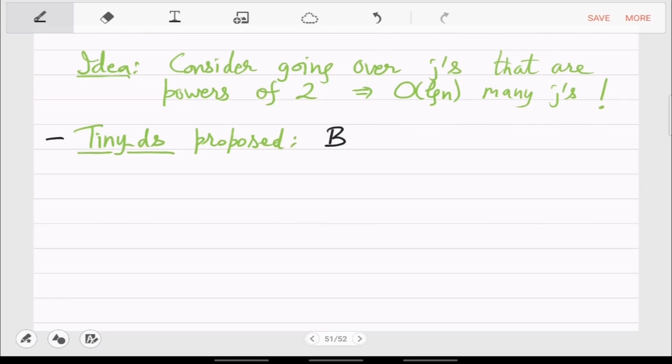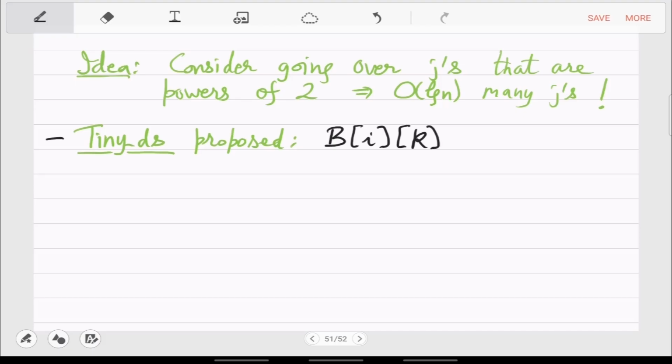just like in that max sum subarray problem we had array S, here we'll have an array B which is 2-dimensional. So it goes from 0 to n minus 1, that's i, and 2 raised to 0, 2 raised to 1 and so on, powers of 2, so the exponent is k.